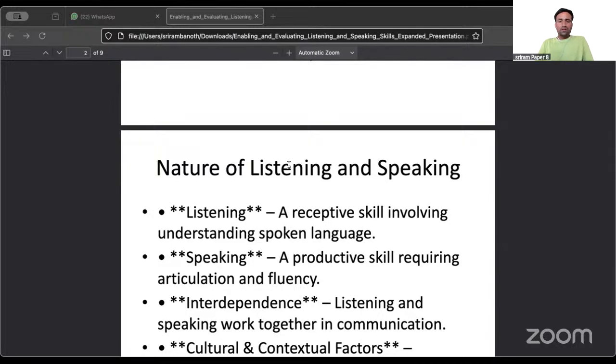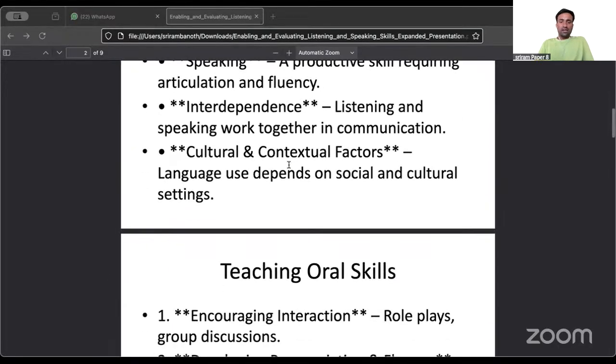Speaking is a productive skill requiring articulation and fluency. And interdependency: listening and speaking work together in communication, along with culture and contextual factors.